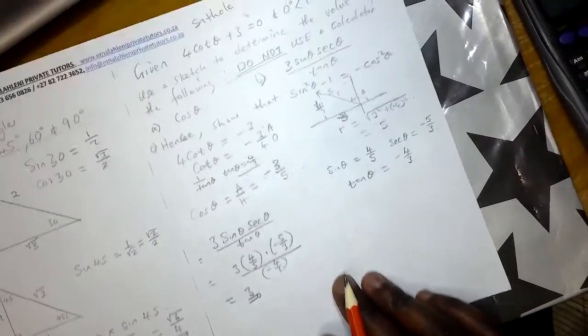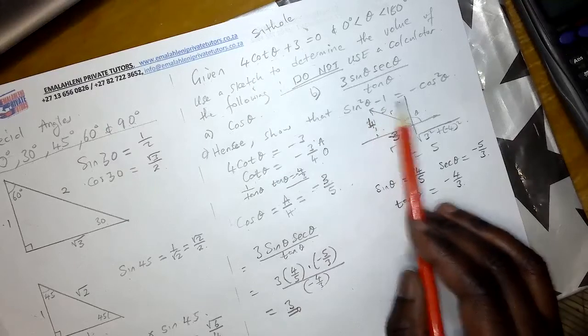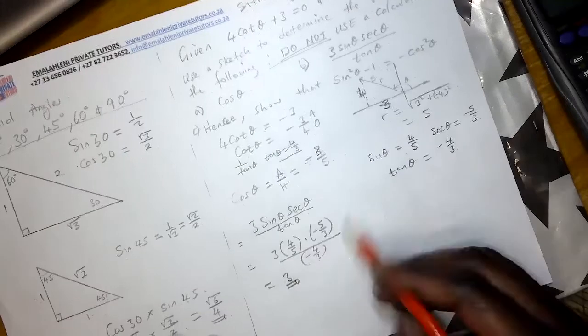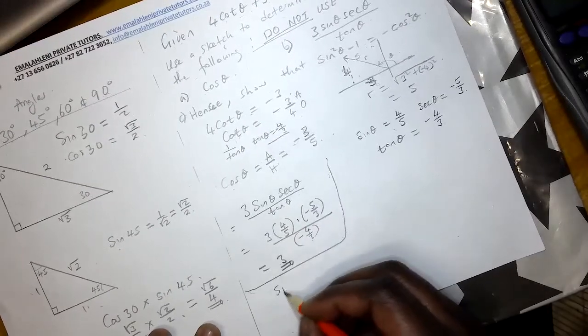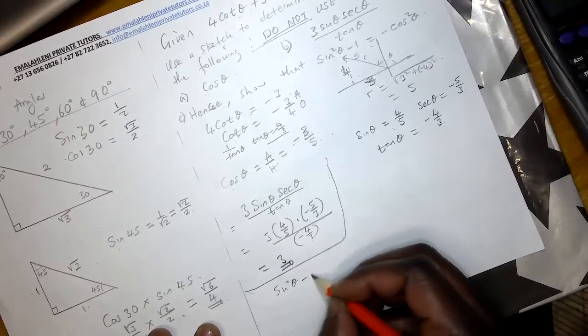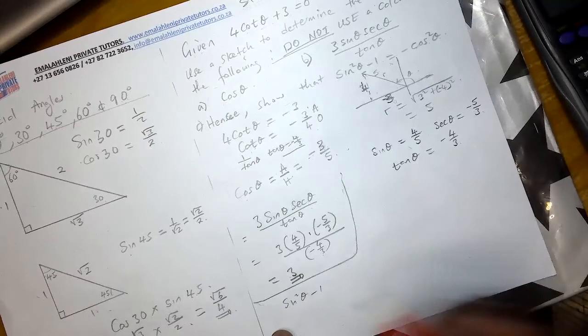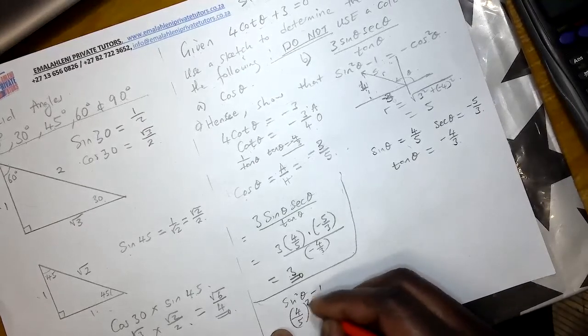But now they are saying hence, show that sine squared theta minus 1 is equal to negative cos squared theta. Now, what do we do here? We say, all right, sine squared theta minus 1: sine theta is 4 over 5, so 4 over 5 squared minus 1.